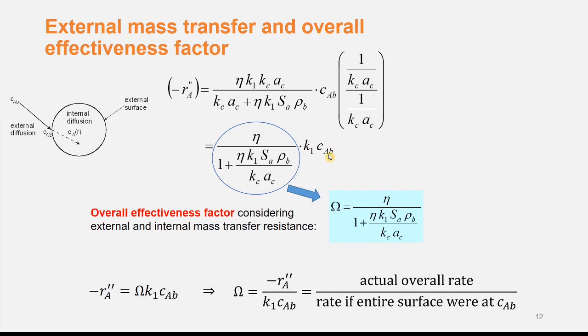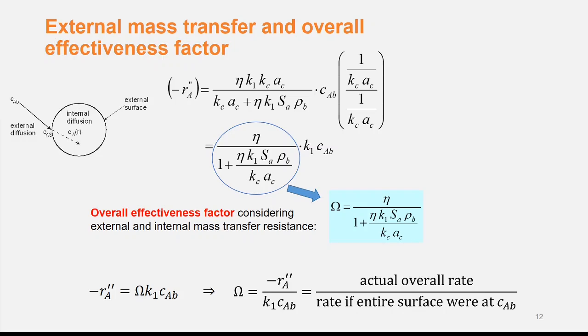This looks like how we related the rate of reaction to the surface concentration, C_AS. So we had negative R_A double prime equal to the effectiveness factor eta times k1 times C_AS in topic 3, where we ignored the effect of external diffusion.